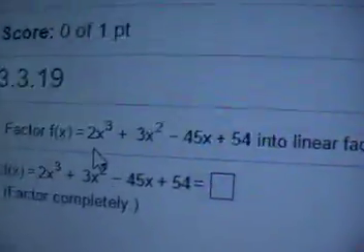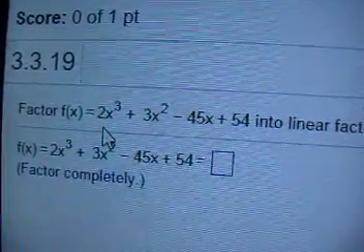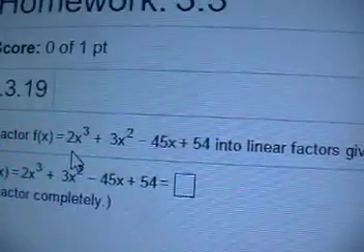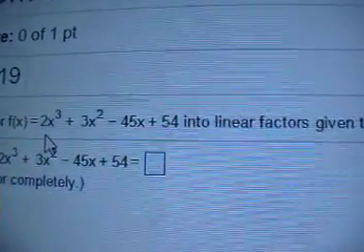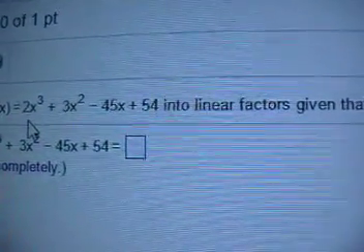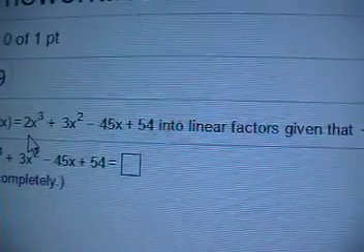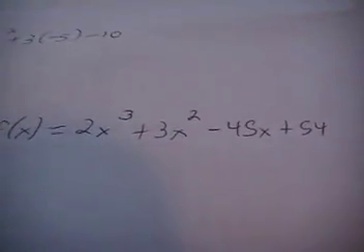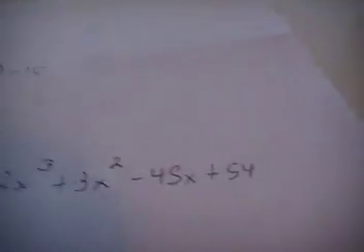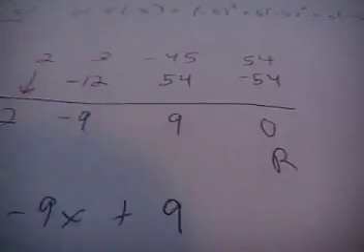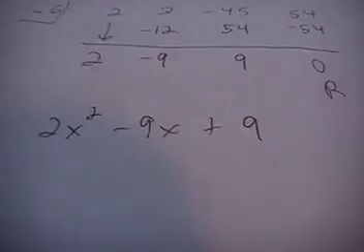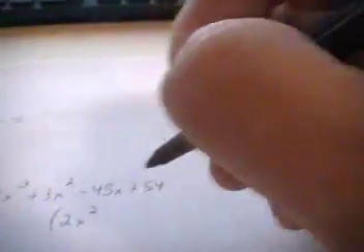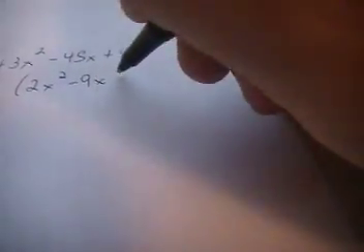So what this is telling me is the original problem of f of x equals 2x to the third plus 3x squared minus 45x plus 54. That's a problem that's hard to factor all together like that. But I now just learned that one of the factors is this, 2x squared minus 9x plus 9.